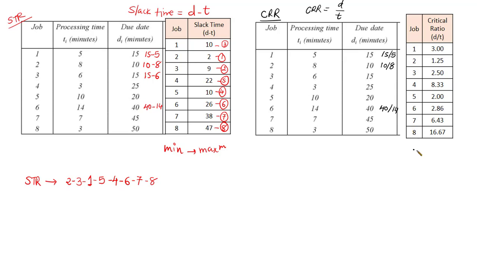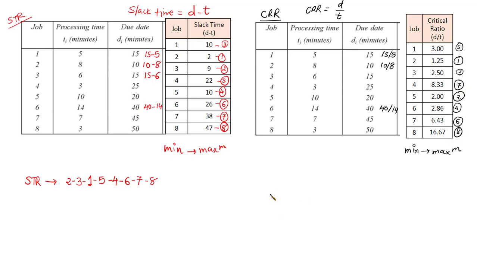So we'll try to sequence them from minimum to maximum value. So it will be like this: this will be first, second, third, fourth, fifth, sixth, seventh and eighth.